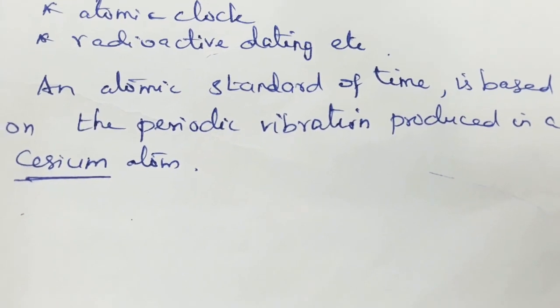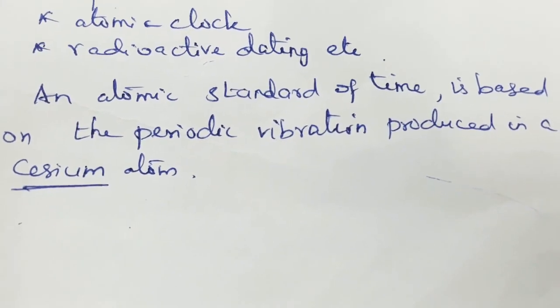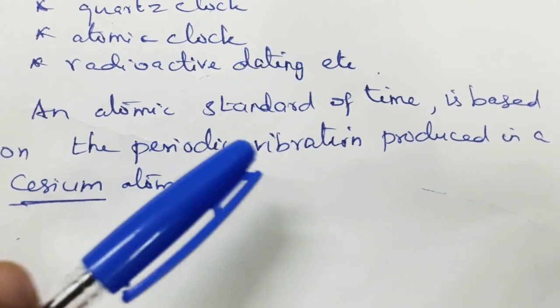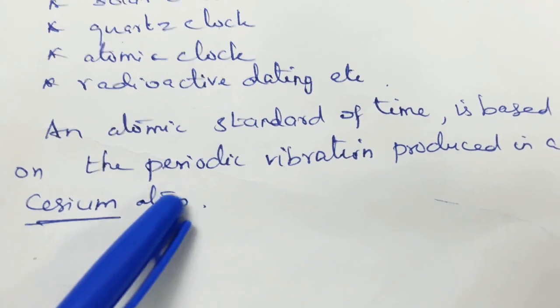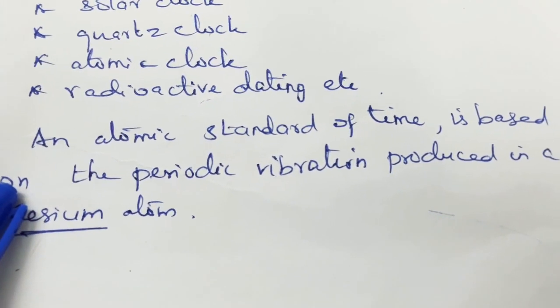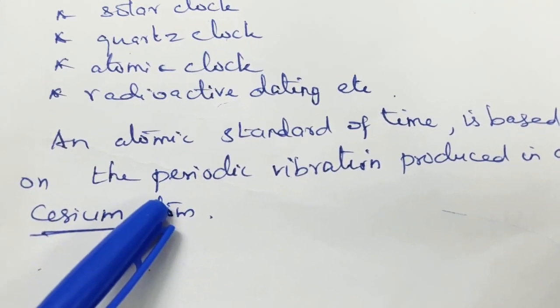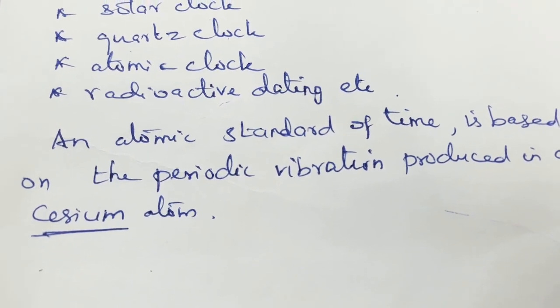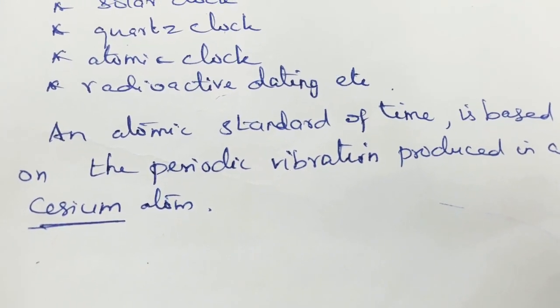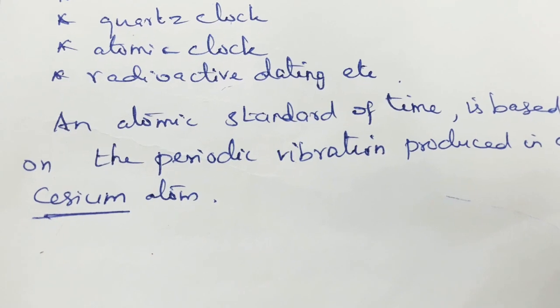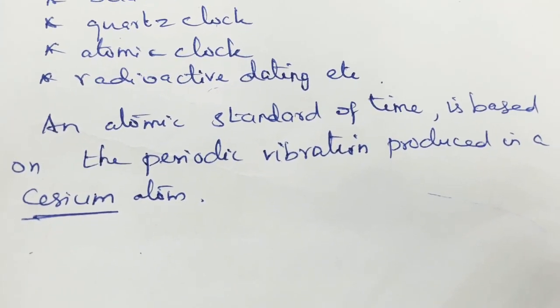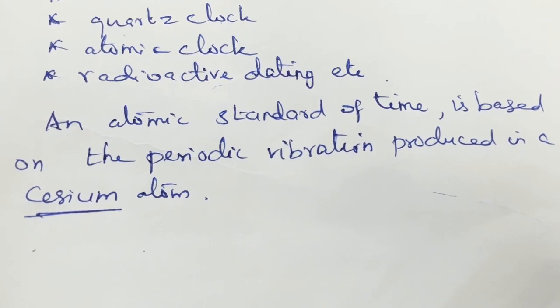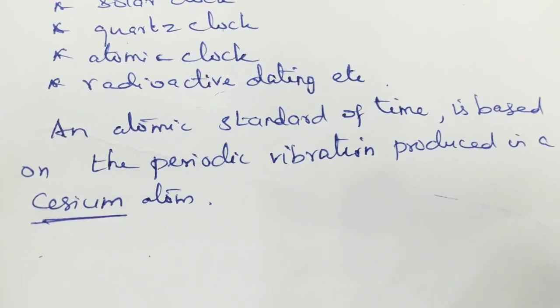The standard 1 second is actually measured from the vibrations produced from the cesium atom. So we have discussed measurement of basic quantities: measurement of length for smaller and larger distances, measurement of mass and measurement of time intervals.